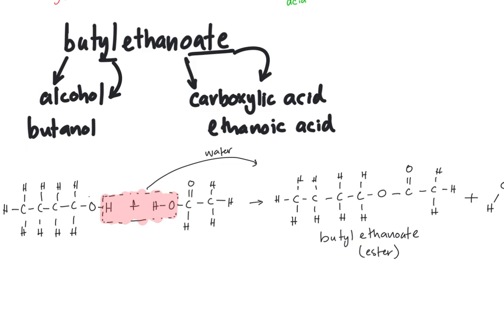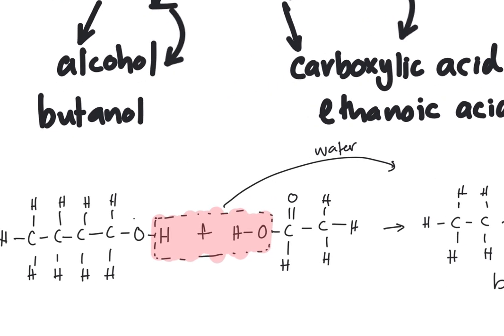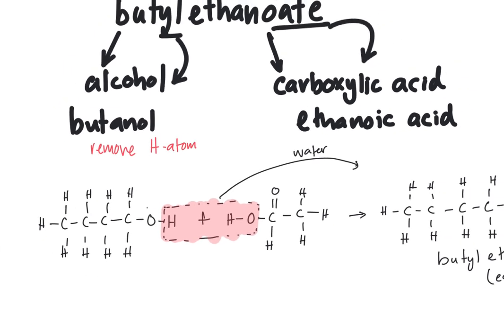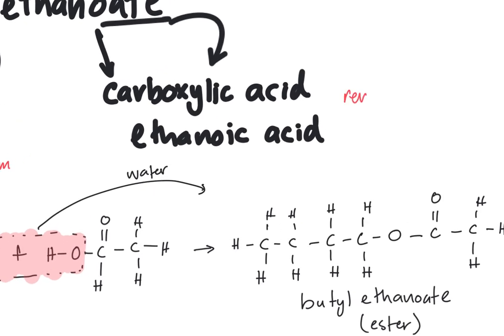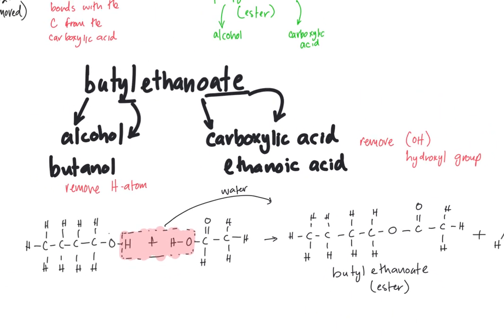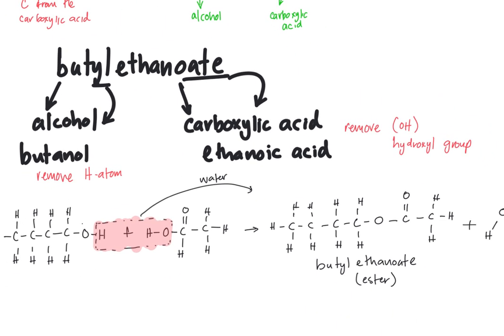So in the alcohol, you need to remove the H atom, and in your carboxylic acid, you need to remove the OH, which is a hydroxyl group. So that's how you want to structure it if you want to make an ester.